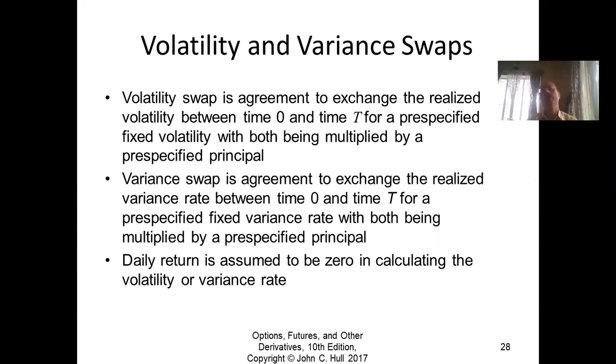So an important class of swap contracts are volatility swaps or variance swaps. What does it do? A volatility swap is an agreement to exchange the realized volatility between time 0 and t. So instead of looking at the stock price, I now look at the variance of the stock price. And again, of course, I do not like variance. I am a risk-averse individual. I like certainty.